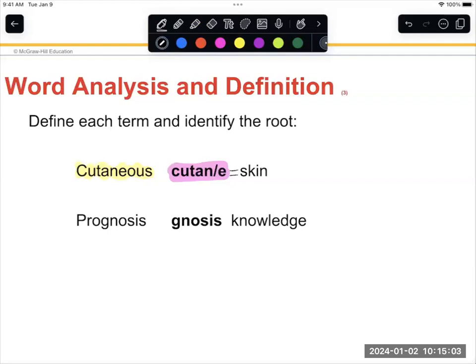Prognosis and diagnosis. They have a different prefix, but they have the same gnosis, which means having a knowledge about a condition.